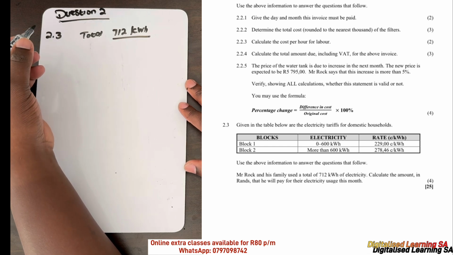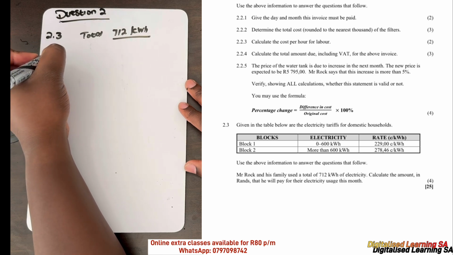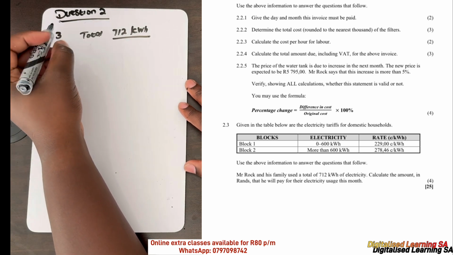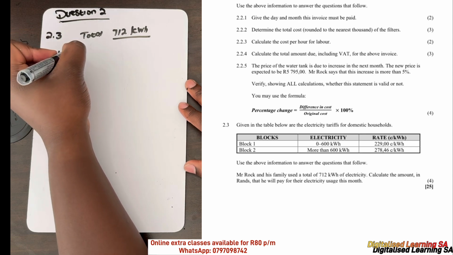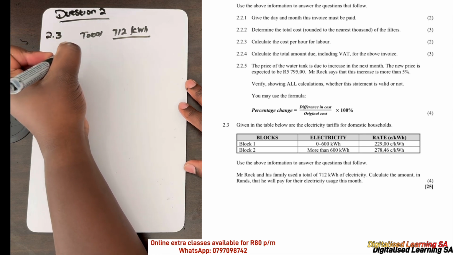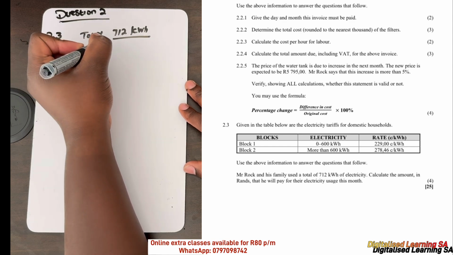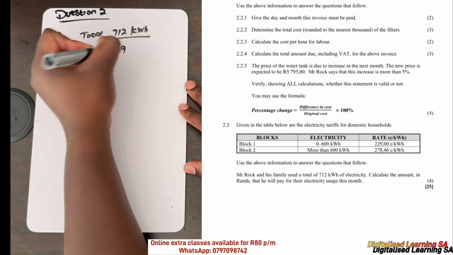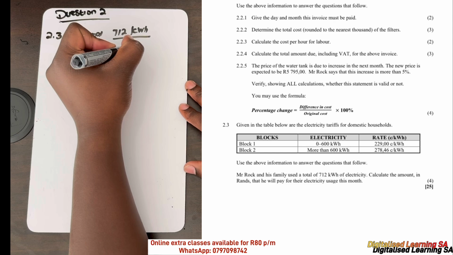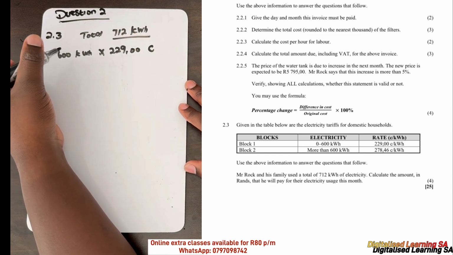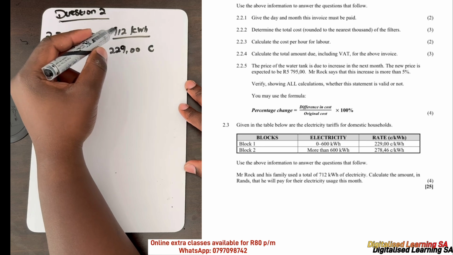Okay, so first let's calculate the block 1 tariffs, which is 600 kilowatts costing 229.00 cents. And then remember, in total they used 712.